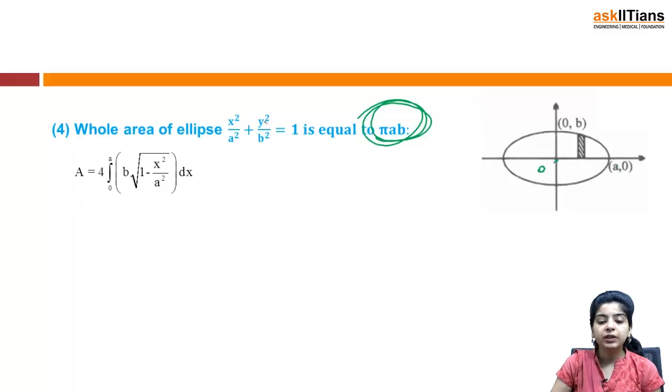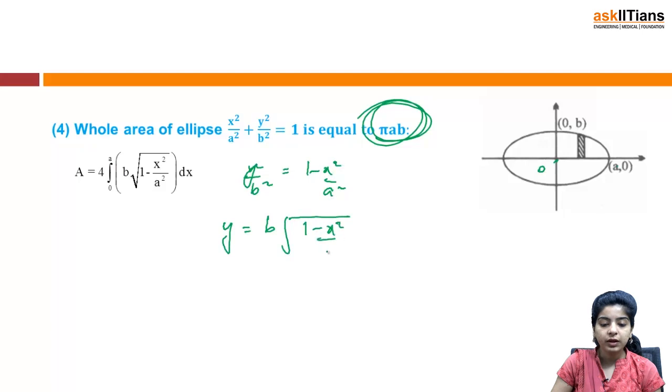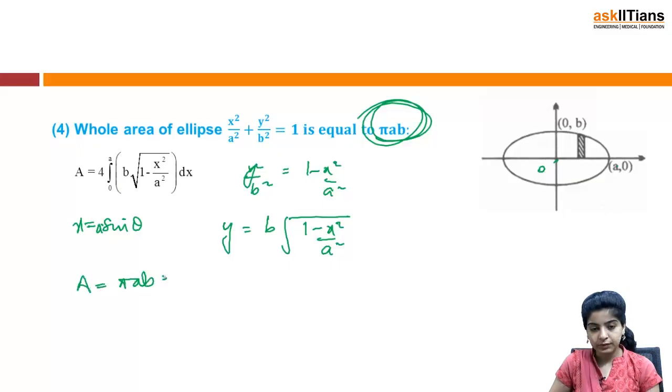Since y square by b square is 1 minus x square by a square, y would be b under root 1 minus x square by a square. So we have 4 times the integral from 0 to a of this dx. Further, you can put x equal to a sine theta and you will get your answer as pi ab.